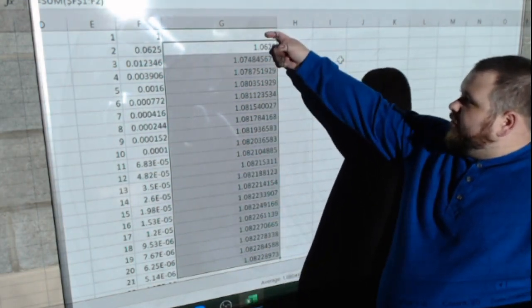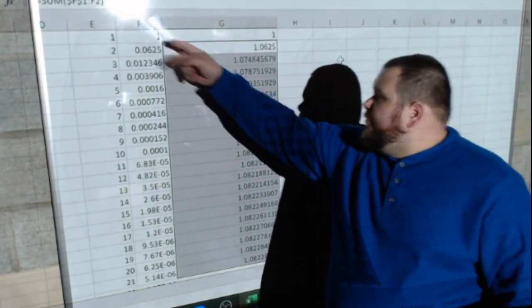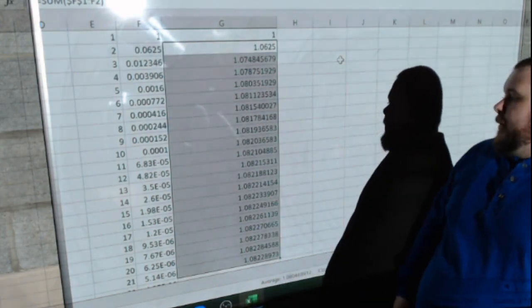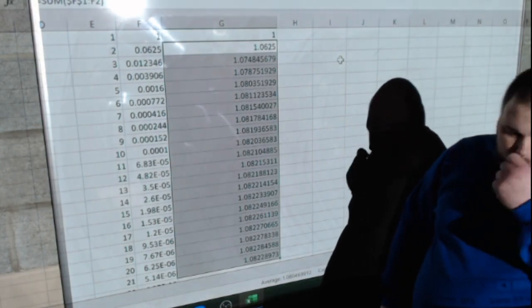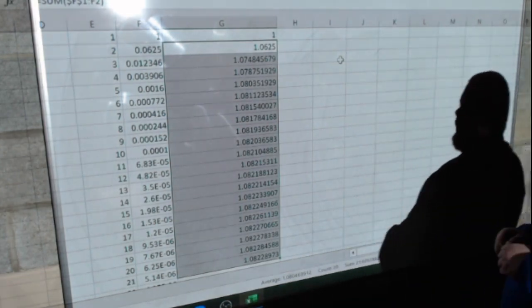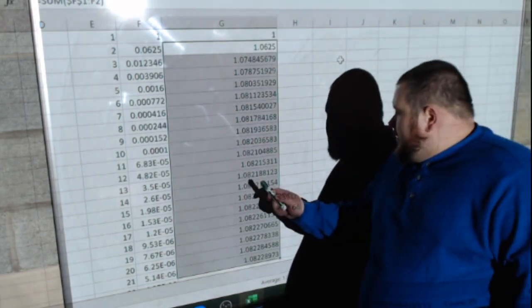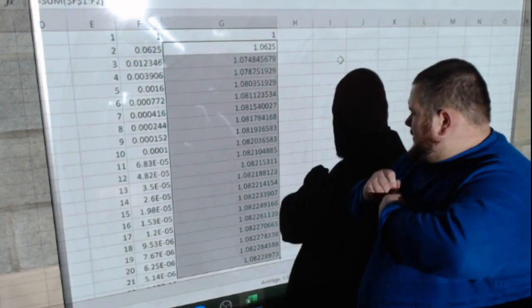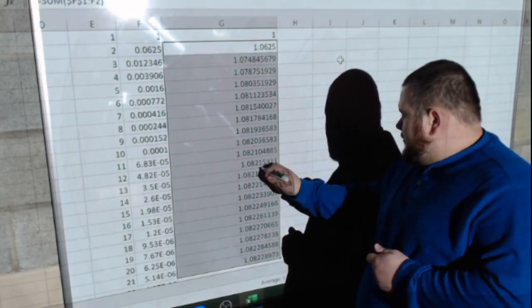So this is the sum of the first term, this is the sum of the first 2, sum of the first 3, and so on. We were trying to be accurate to the 5th decimal place. So 1, 2, 3, 4, 5.